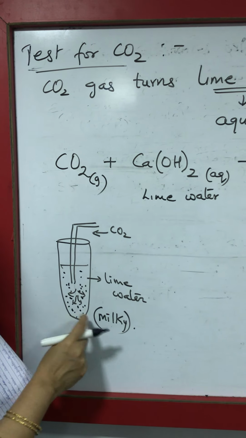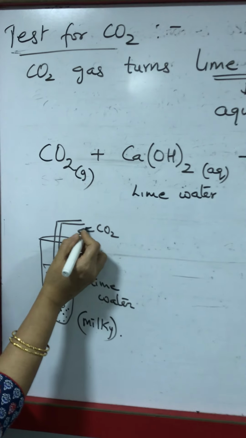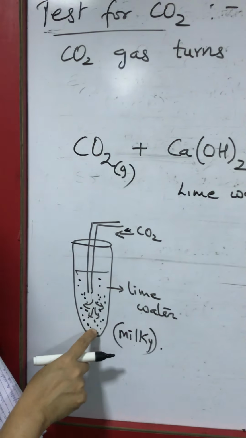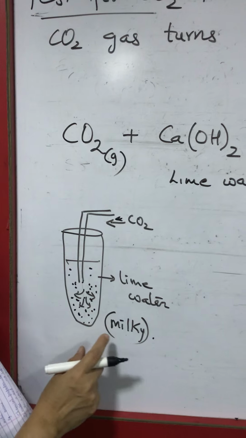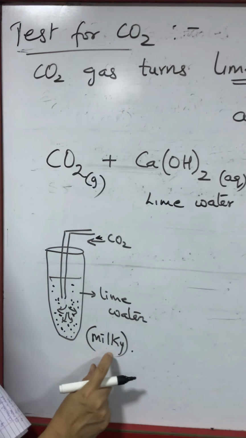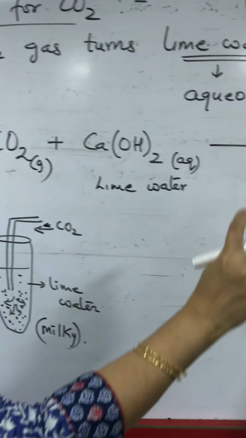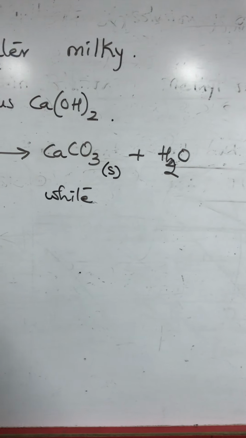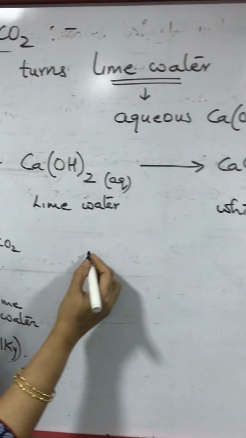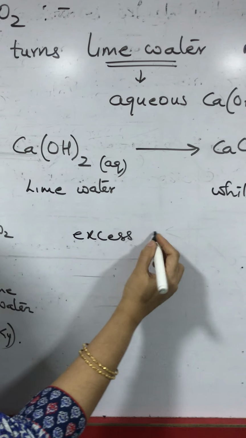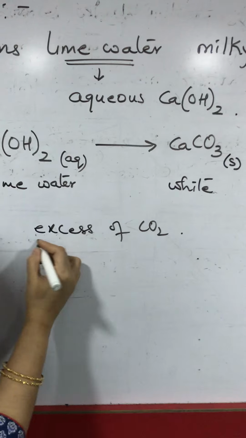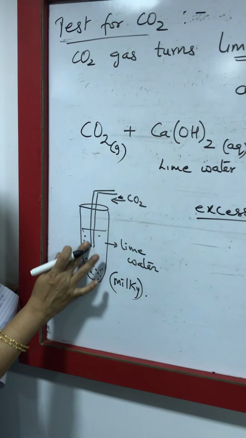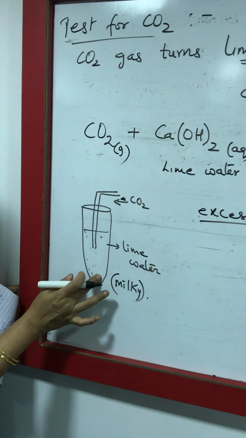This activity is very easy to do because we can exhale into lime water. When we exhale, we are throwing out carbon dioxide, and carbon dioxide will turn lime water milky, because they react to form calcium carbonate, which is a white precipitate. But suppose we pass excess carbon dioxide into lime water, then the milkiness will disappear and lime water will become transparent again.